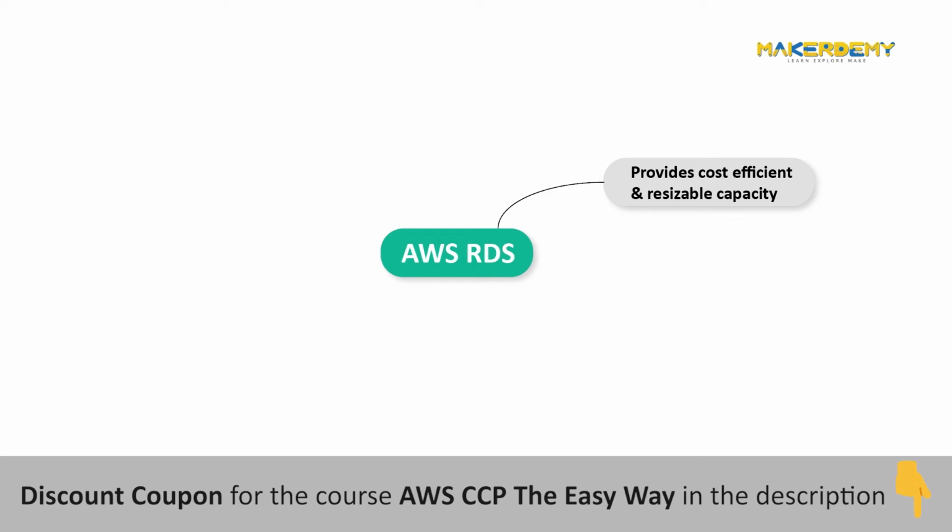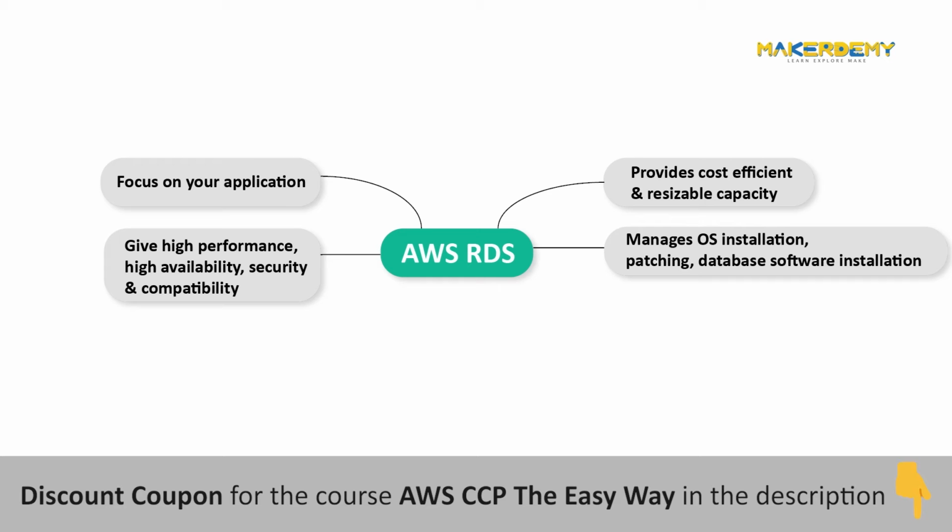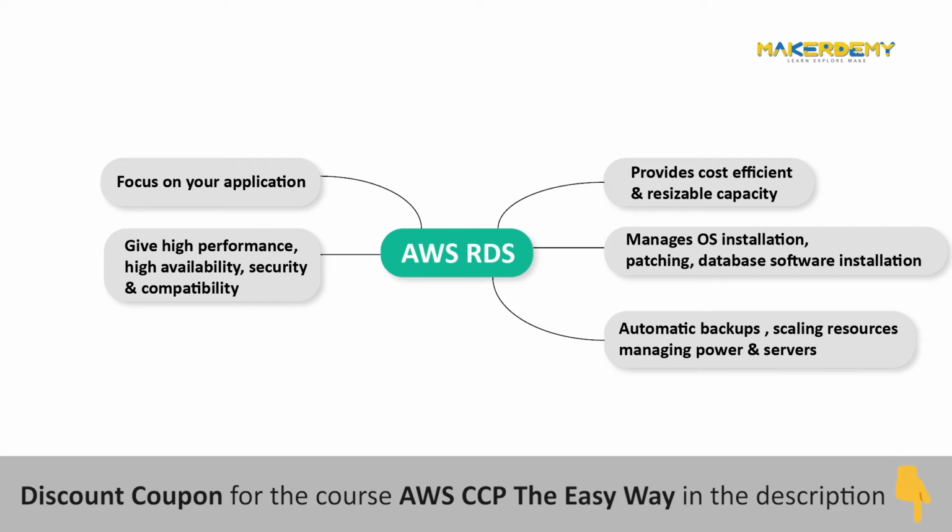With AWS RDS, you can focus on your application and give them performance, high availability, security, and compatibility. Also, it manages OS installation and patching, database software installation and patching, automatic backups, scaling resources, managing power and servers, and performing maintenance. Amazon RDS reduces your operational workload and costs.